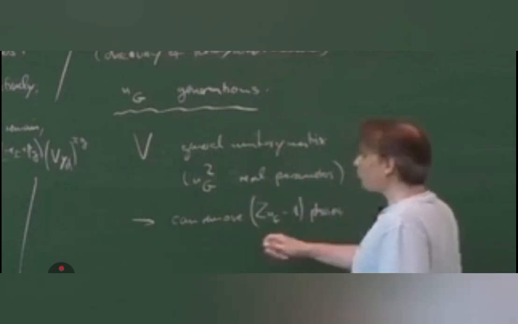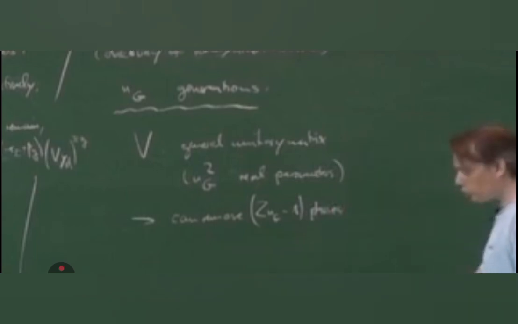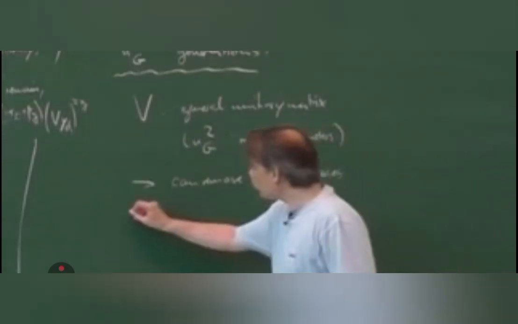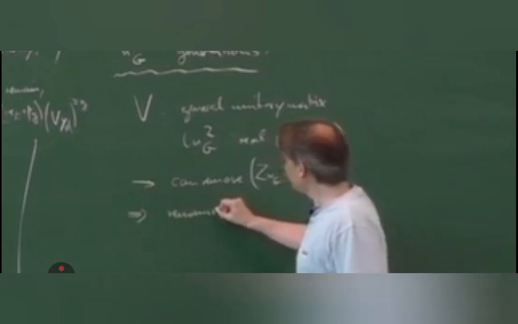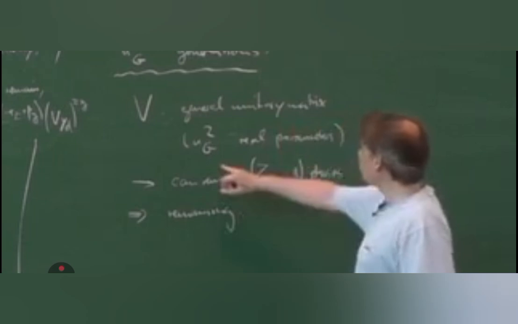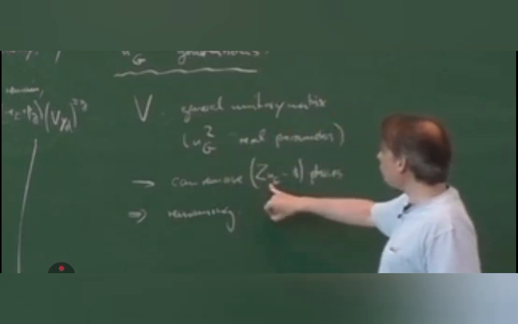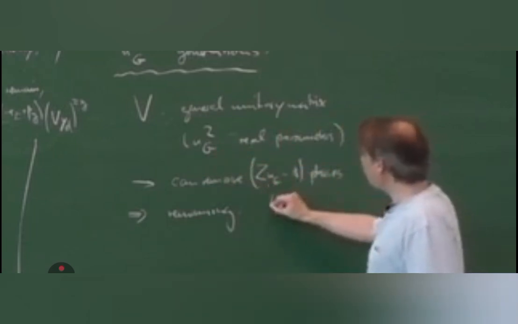So we can remove 2n_g minus 1 phases by choosing these alphas and betas appropriately. And then we can ask how many parameters remain. So n_g square minus (2n_g minus 1) is exactly (n_g minus 1) square parameters.